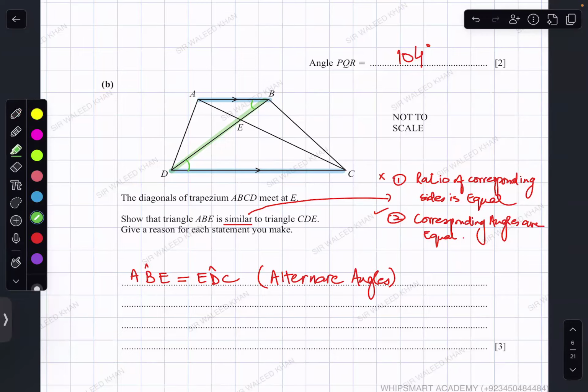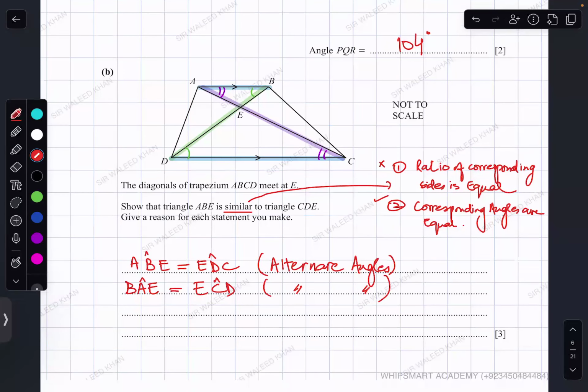Again, this time, this is the transversal. So I can say that this angle over here is equal to this angle. Again, a Z shape. So that should be BAE is equal to ECD. Again, alternate angles.